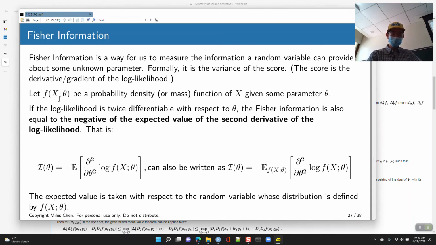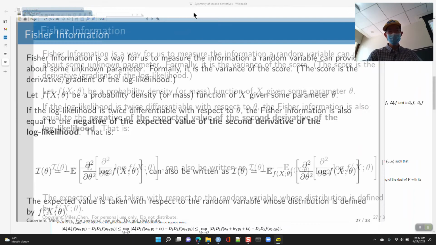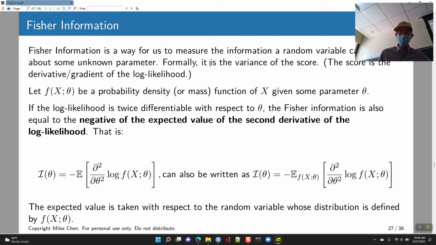And so let's say we have some kind of function that's the PDF, I guess PMF also, of some random variable x, given that we have some parameter theta. And if the log likelihood is twice differentiable, the Fisher information is equal to the negative expected value of the second derivative of the log likelihood. That's a mouthful, but it's basically the pictures that we saw.